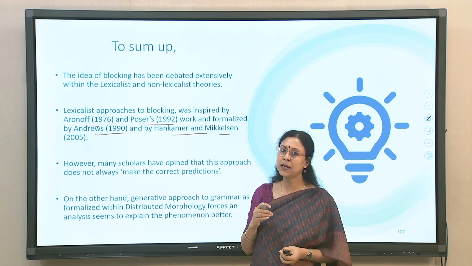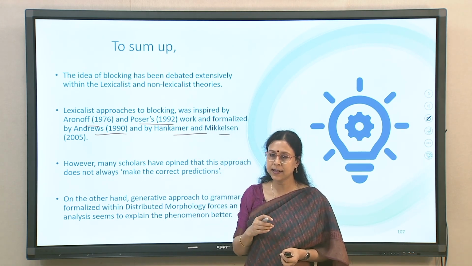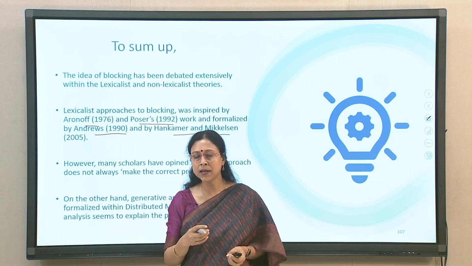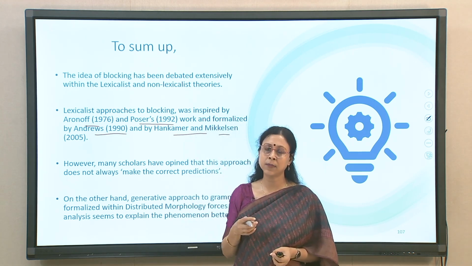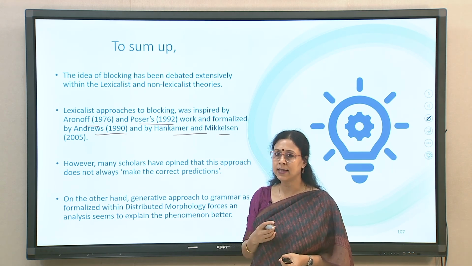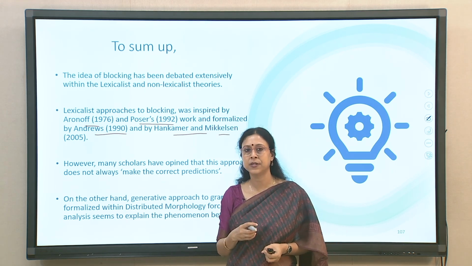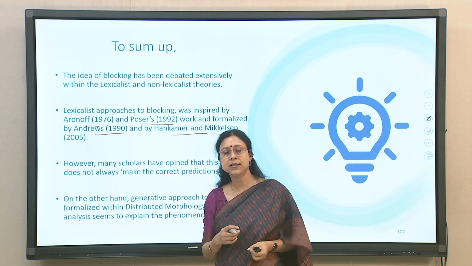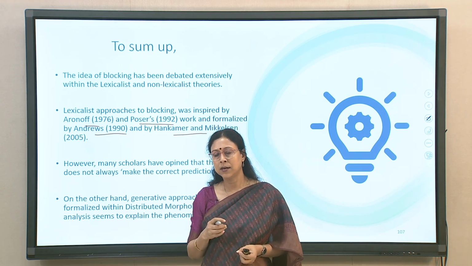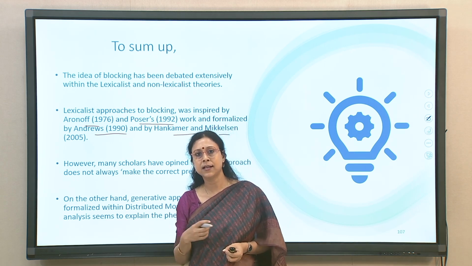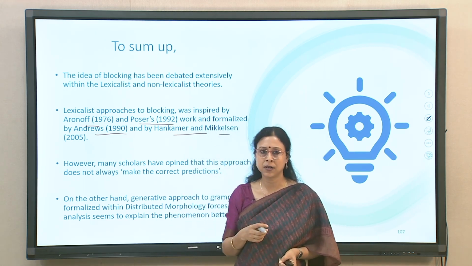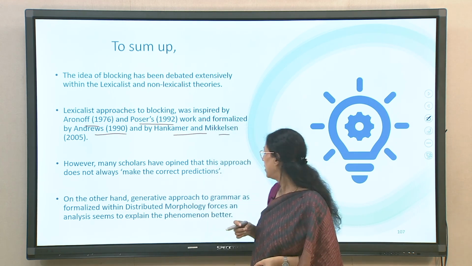But the main argument against the lexicalist hypothesis is that these might appear plausible in certain cases; however, the predictive power is less from the lexicalist position as far as this kind of morphology is concerned. The predictive power of the lexicalist hypothesis is weaker as opposed to the distributed morphology hypothesis.